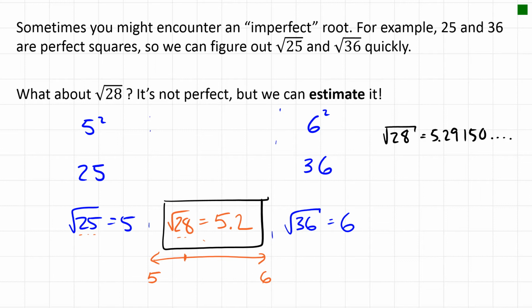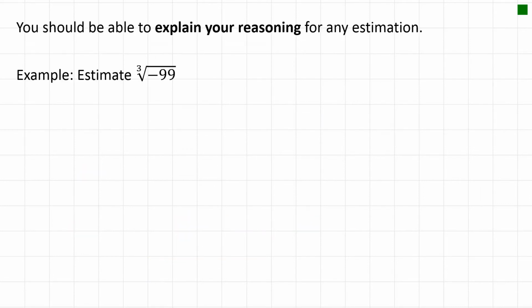So 5.2 was a low estimate, 5.3 would have been better, but 5.4 also would have been a reasonable estimate. With any of these problems, the key is that you just need to explain your reasoning for any estimation. You can't just write a number down with no justification. You have to justify to us the thinking that's going on for your estimation.